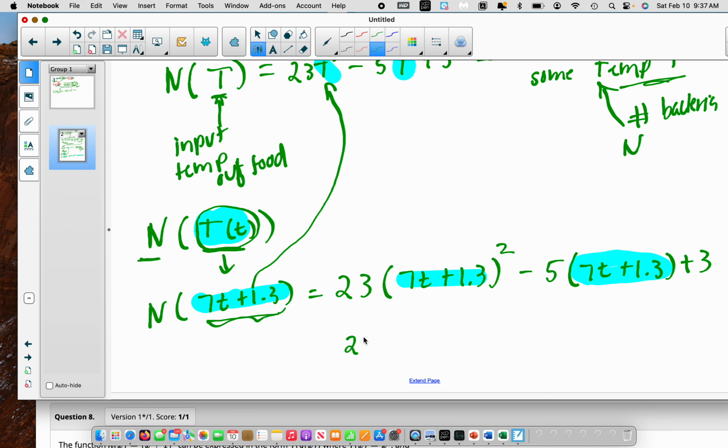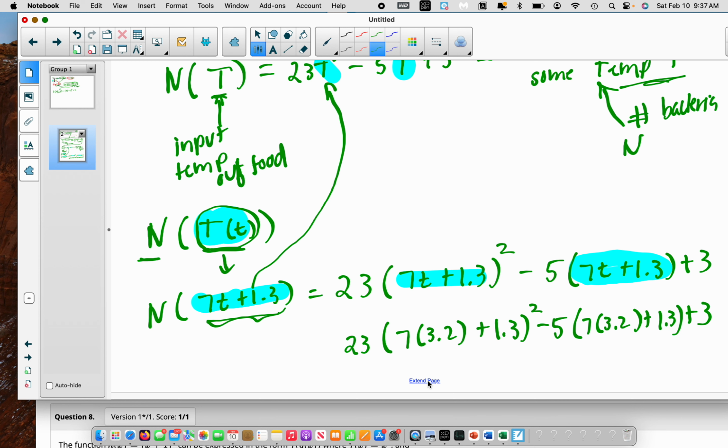This becomes 23 times 7 times 3.2 plus 1.3 squared minus 57 times 7 times 3.2 plus 1.3, plus 3, and I can evaluate that.